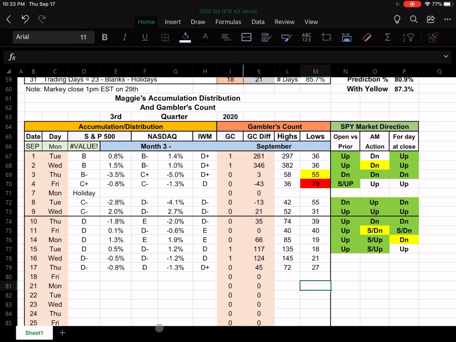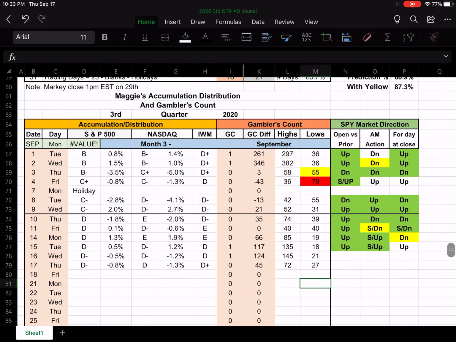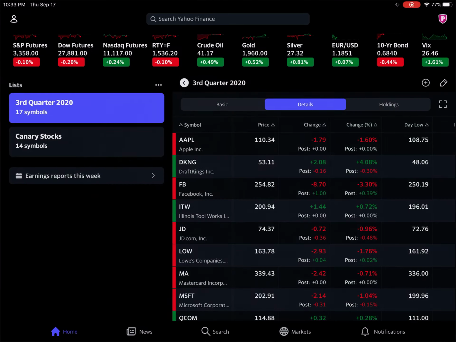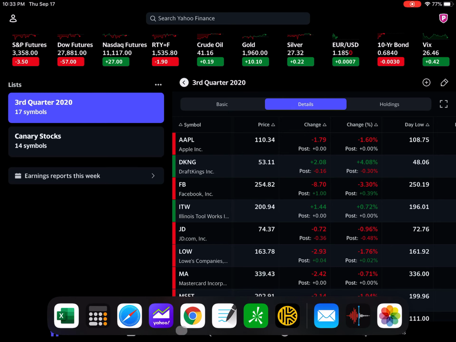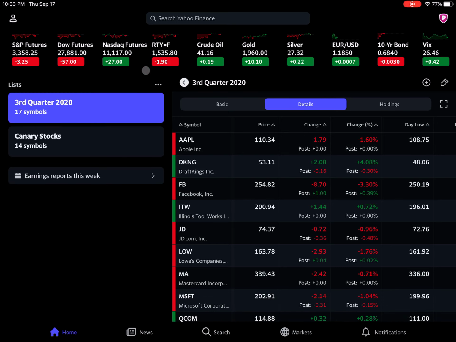If you see it's a positive number like this, then you know it's up. Because this number is updated moment by moment even while the market's closed on Yahoo Finance. That's why I like using the Yahoo Finance app to do this.